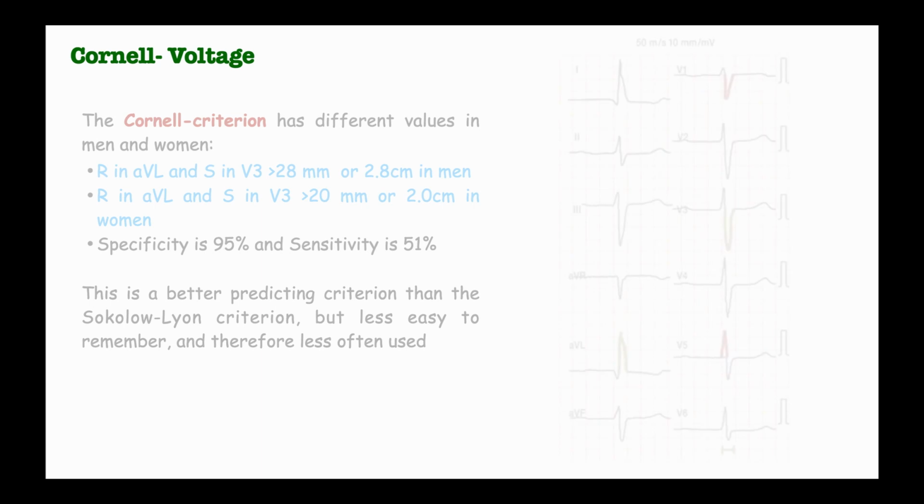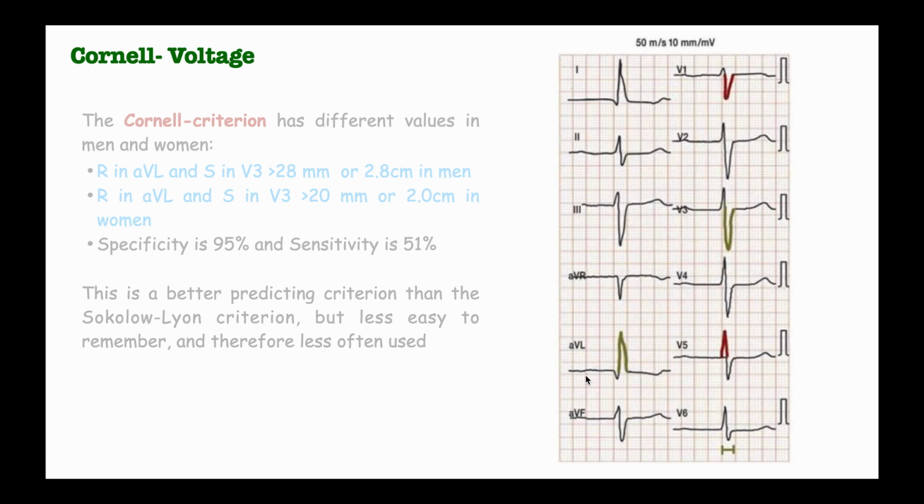Now, when we look at this diagram, we are going to count the R wave in aVL. We start from here: 5, 10, 15, 16, 17. Then we add it to the S wave in V3. Starting from here, we get 5, 10, 15. So how much do we get?